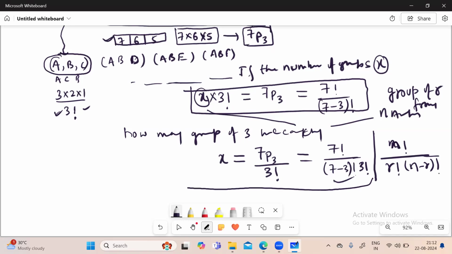And then we defined this as nCr, which actually says, grouping is like making combinations.